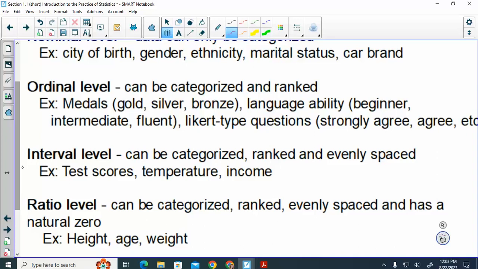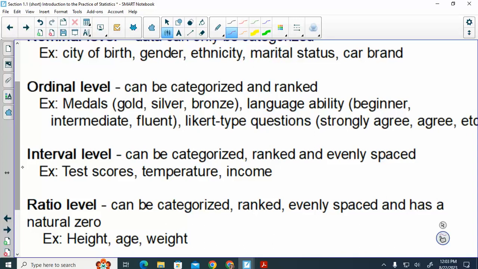If I were going back to medals, does it really make sense to measure the distance between a gold and silver and a silver and bronze? No. But if we're looking at temperature, can we put temperatures in order? Yes. Is it the same distance between 96 and 97 as it is between 97 and 98? Yes. So I can put them in order and they're evenly spaced out.